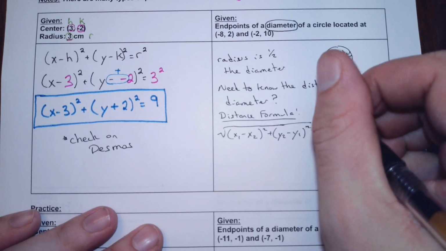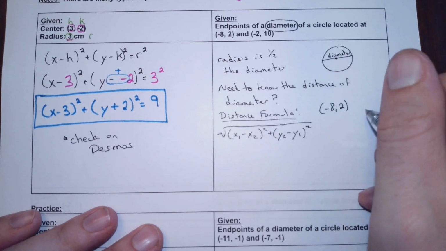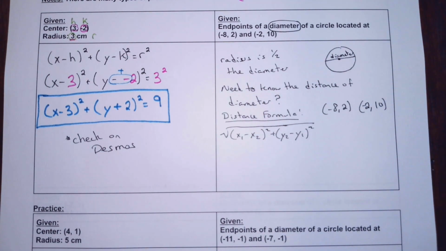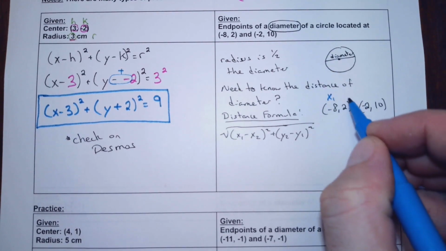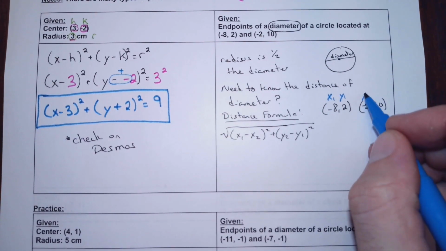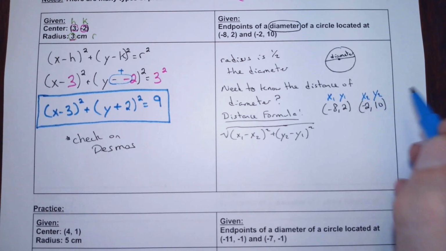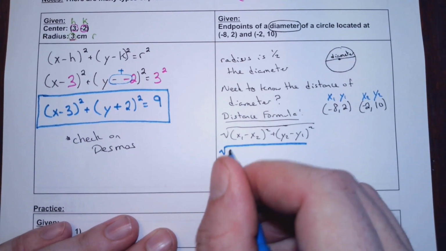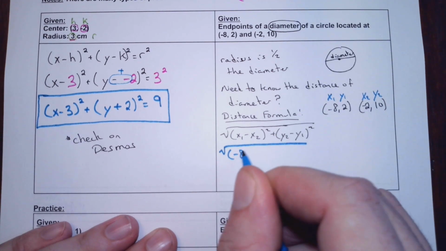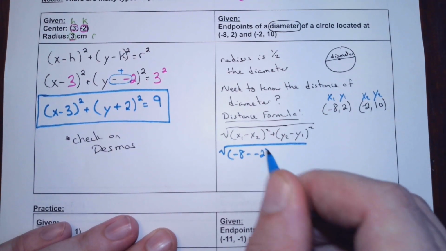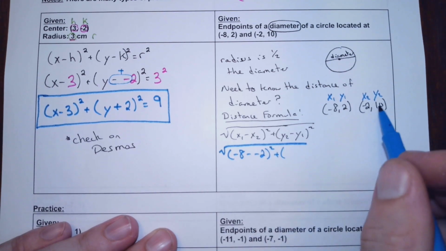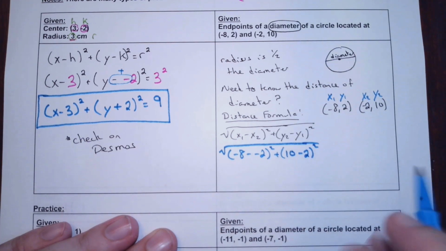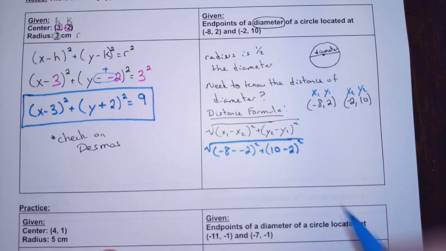So our 2 points were -8, 2, and then -2, 10. So x1, y1, x2, y2. So x1 is -8 minus x2, which is -2, squared, plus y2, which is 10, minus 2 squared. Now for this, you can go to the calculator.